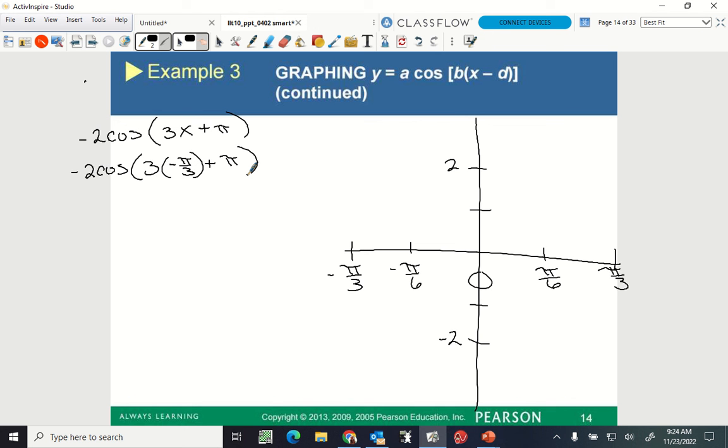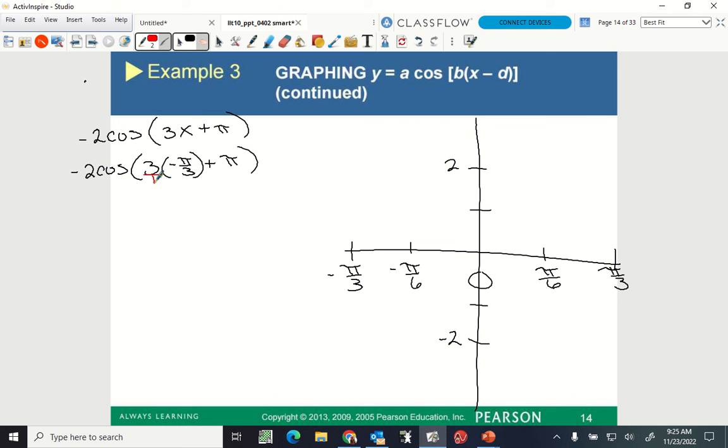All right. I'm multiplying by 3. So 3 times negative pi over 3 is going to give me what? Negative pi, right? Because if this is over 1 like this, the 3's will cancel. So that's going to give me a negative pi.